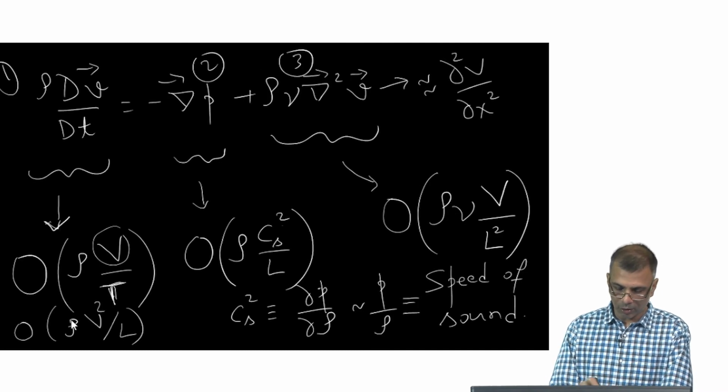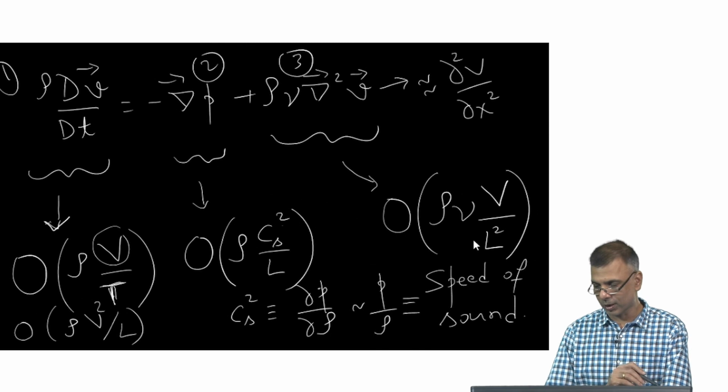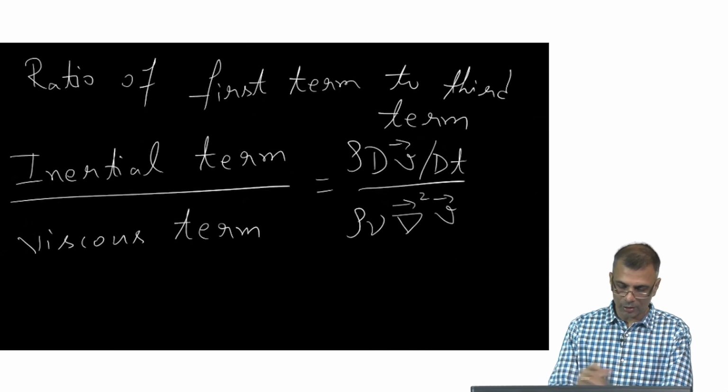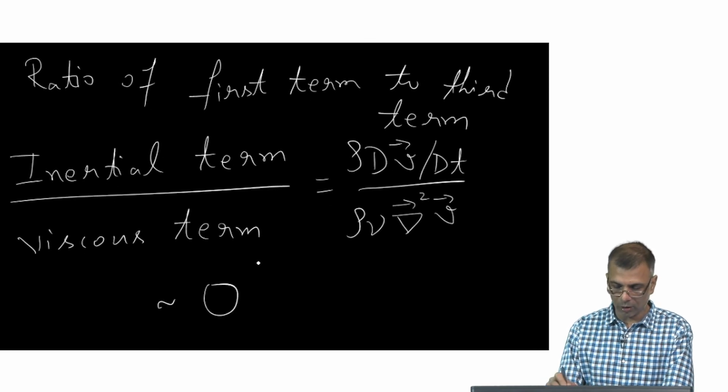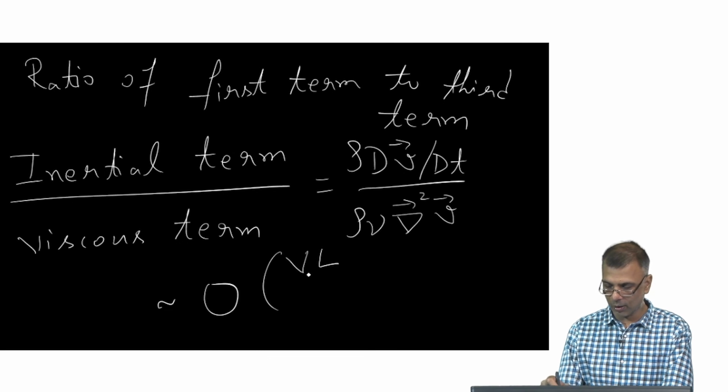Obviously, the rho's will cancel each other. So therefore, this turns out to be of order vL over nu.